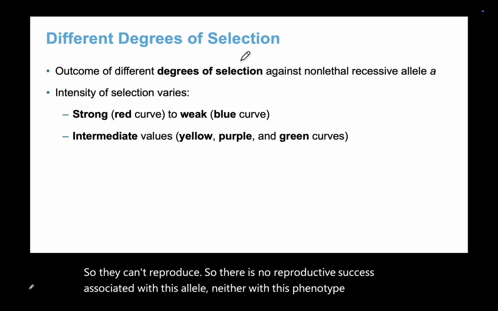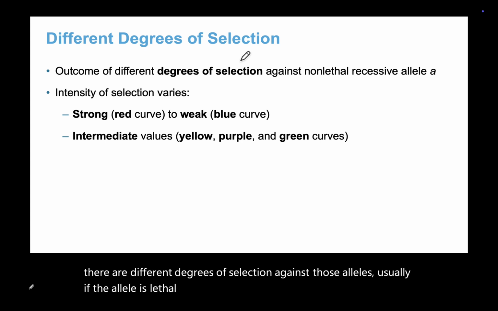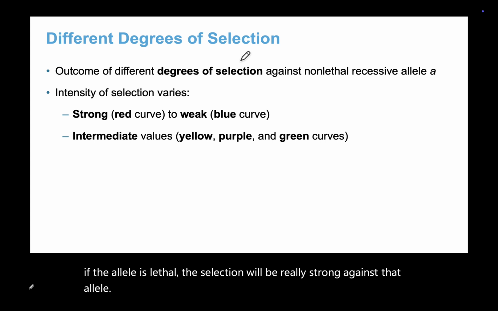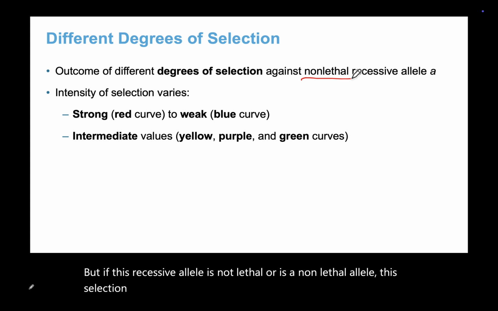However, there are different degrees of selection against those alleles. Usually, if the allele is lethal, the selection will be really strong against that allele. But if this recessive allele is not lethal, the selection against this allele can vary from a very strong selection to a very weak selection.